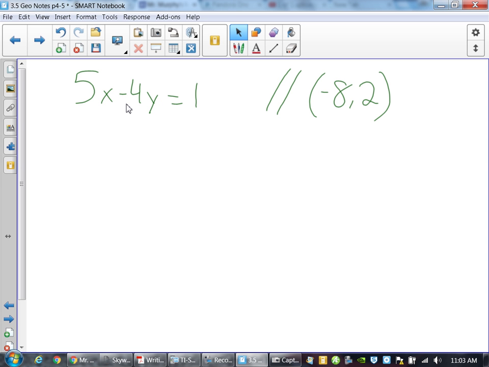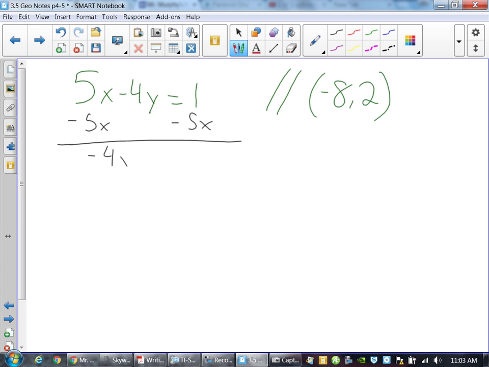First thing we're going to do is move the 5x. Subtract 5x. I have a -4y is -5x plus 1. And then divide everything by -4.